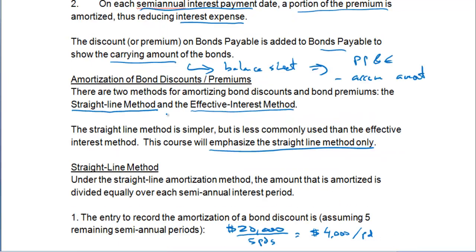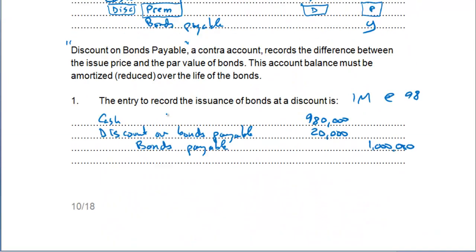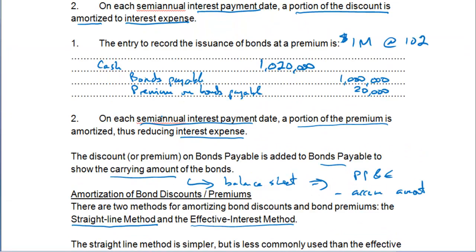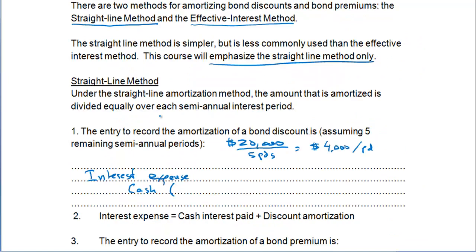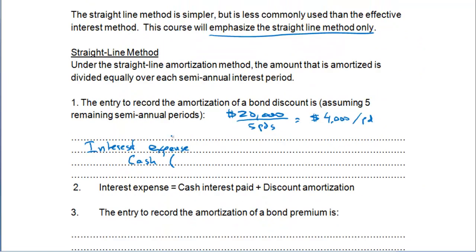For this particular bond, what did we say? A $1 million bond. Let's assume 6% interest again. So $1 million at 6% at 6 months over 12, so the cash amount paid is going to be $30,000.